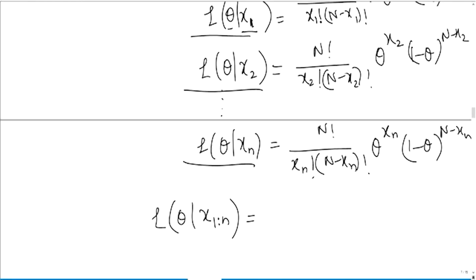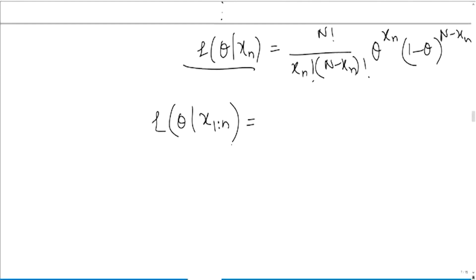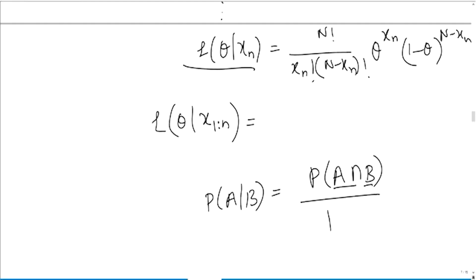Why do we take this product? Do you remember the conditional probability formula? The probability of any event A given B is given by the probability of A intersection B, so the probability of joint occurrence of A and B, divided by the probability of B.